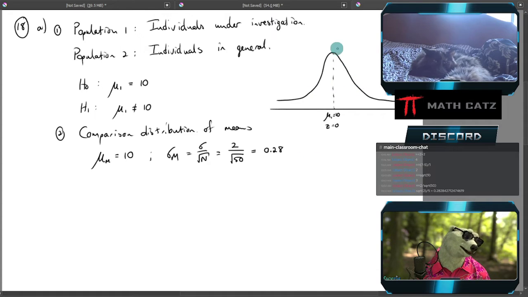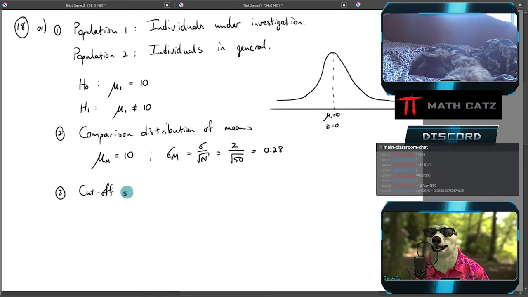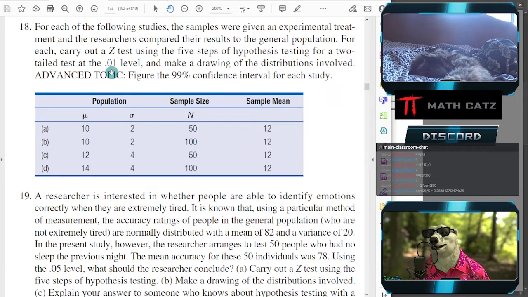Little thinner, faster drop down because my variance is much smaller in the distribution of means versus the distribution of the individual scores. So now I want to know what is my cutoff score using, what did they say, alpha of 1%, I believe. 1%.